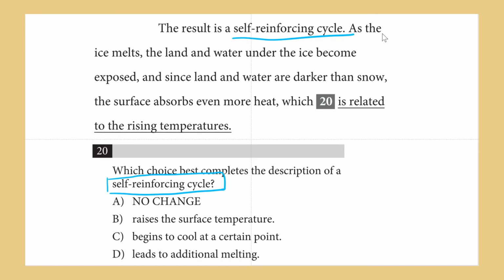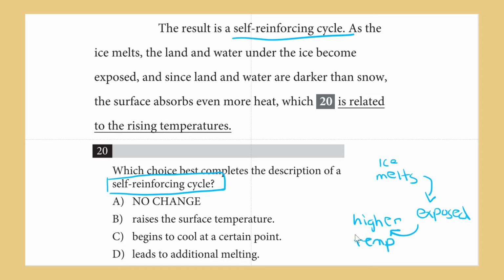So in this case, what's going on? Ice melts. And then land and water under the ice become exposed. And since land and water are darker than snow, absorbs heat, so higher temperatures. Higher temp.